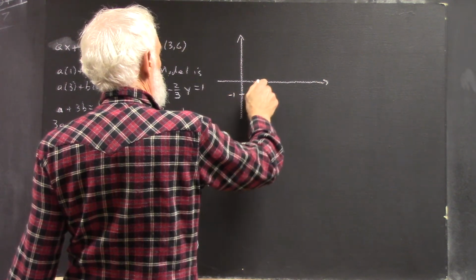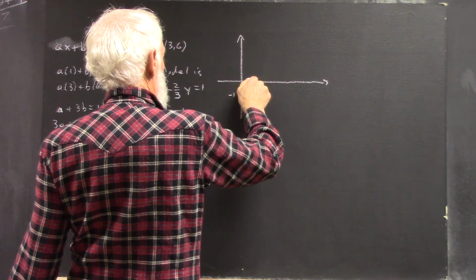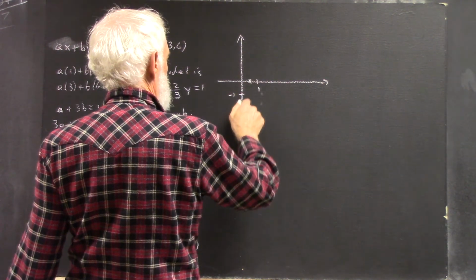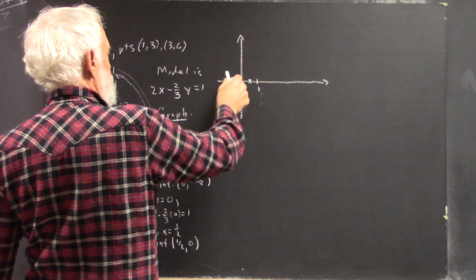If this is -1 and this is 1, here's your x-intercept, here's your y-intercept.